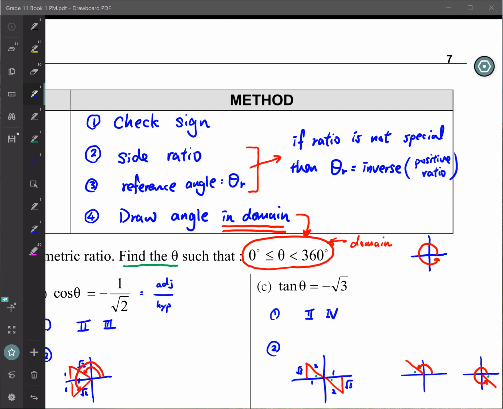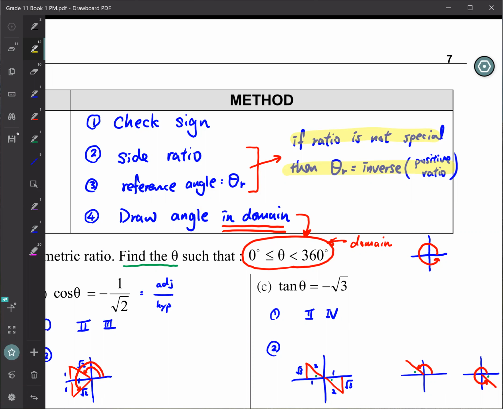Raise your hand once you write this down. So this is if you have a ratio that is either a decimal or some fraction that you don't recognize, like 2/5. It's a weird ratio, then you have to use the calculator.